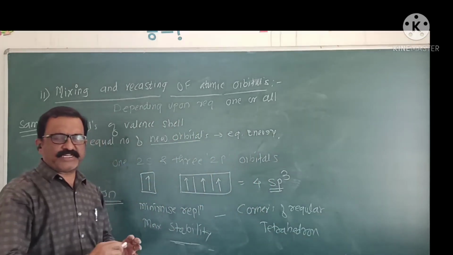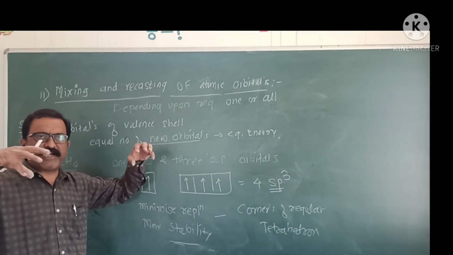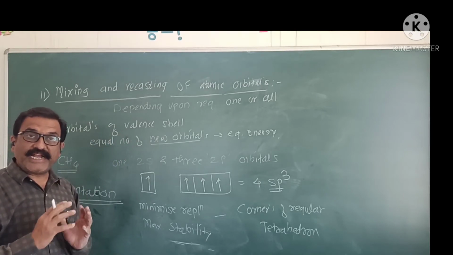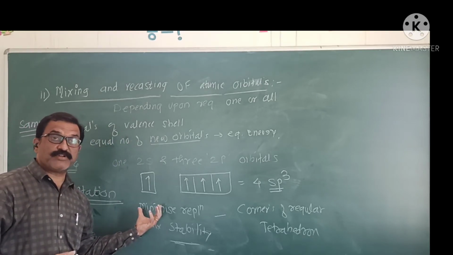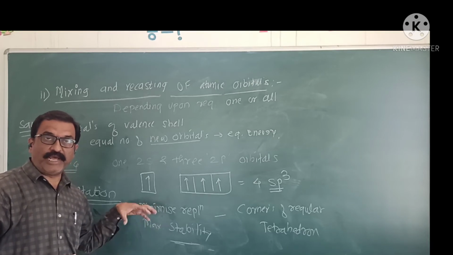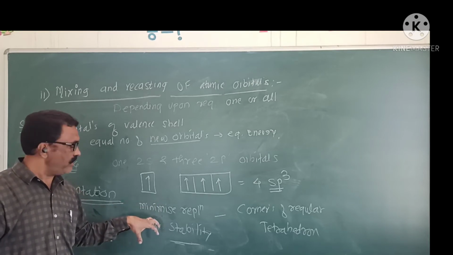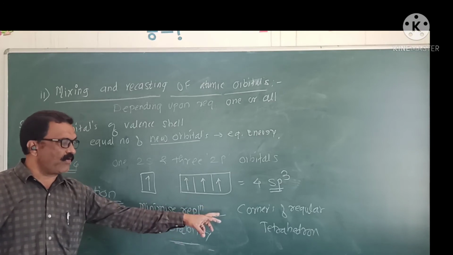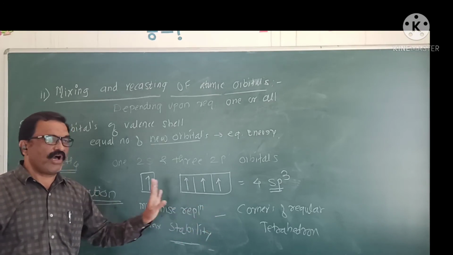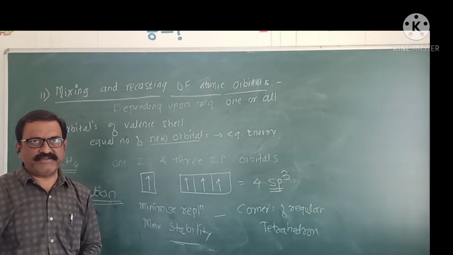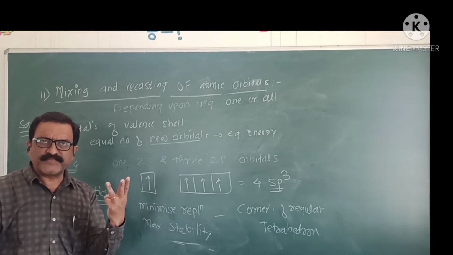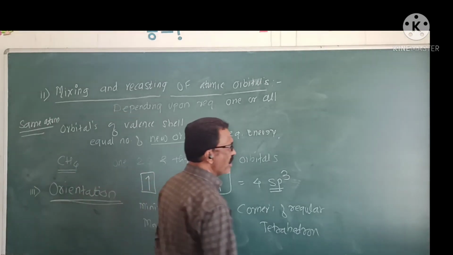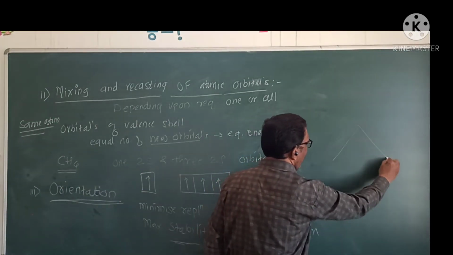To minimize repulsion, the 4 hybrid orbitals are arranged toward the corners of a regular tetrahedron, to minimize repulsion between them and to acquire stability. If there are 3 hybrid orbitals, they are arranged towards the corners of a regular triangle.